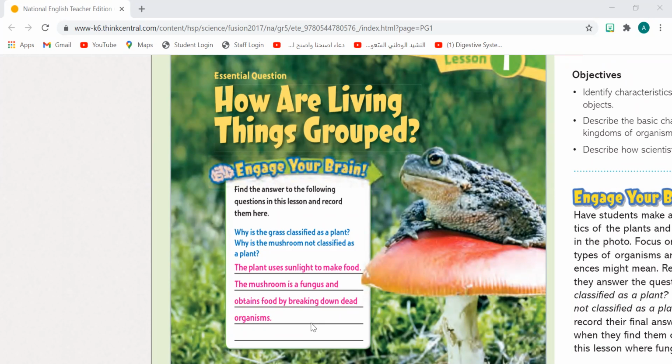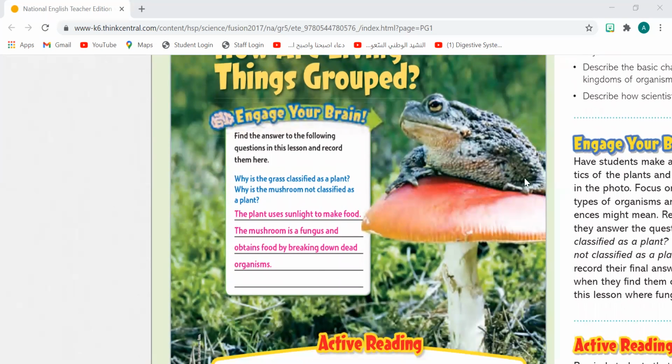Now, living things that break down dead organisms to obtain food, we call them fungus. So fungus is a type of classification. What else do you know as a fungus? This is a fungus. This is a mushroom. If you don't know, it's fine.